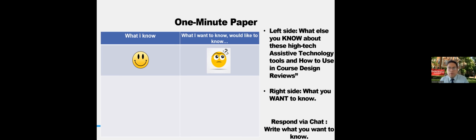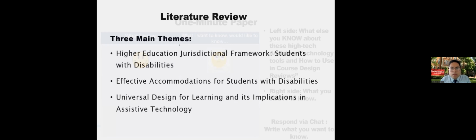All right, so I'll continue here. As I said, this empirical research really includes three main themes. The first one was the higher education jurisdictional framework around students with disabilities. And why was that important? Because we needed to know what laws protect students with disabilities in educational settings.